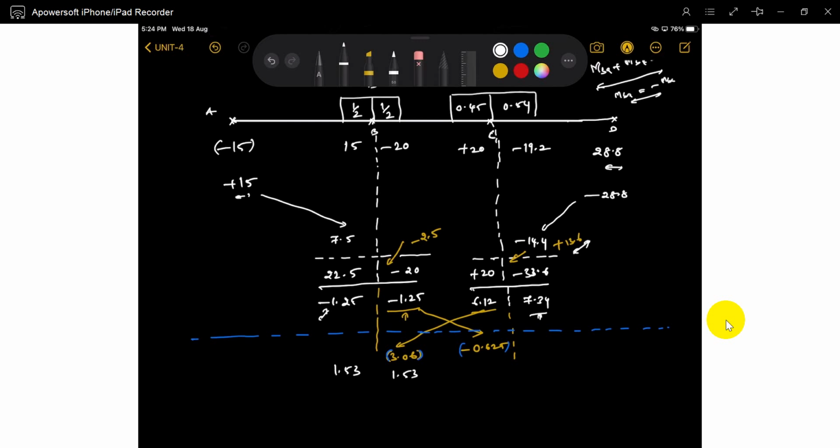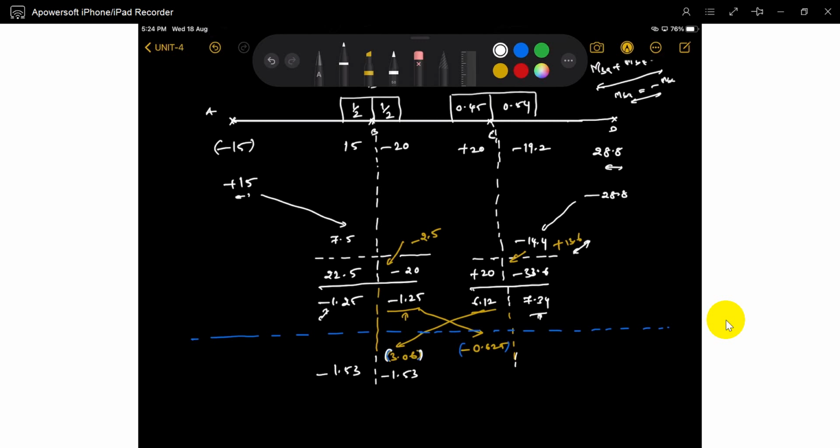It's minus 1.53 because it's an extra plus 3.06 at joint B. So we have to apply minus 3.06 at the joint. So now it's distributed, minus 1.53 each. It's also minus 1.53 distributed among B. Same thing.